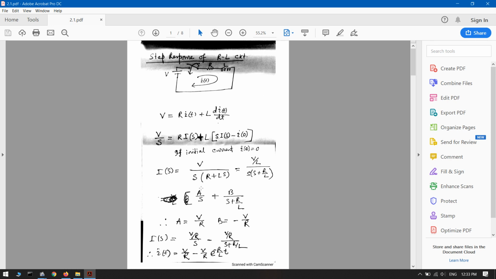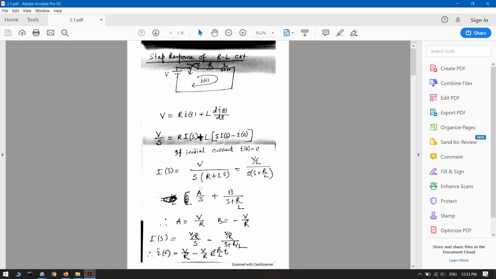Step response means output, and in this case we have calculated the current, because this is a very simple network. It consists of one resistance, one inductor, one switch, and one input voltage source. Why step response?